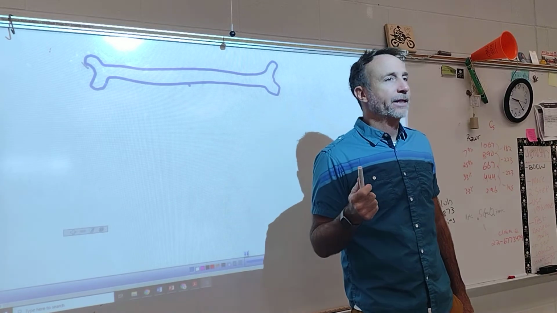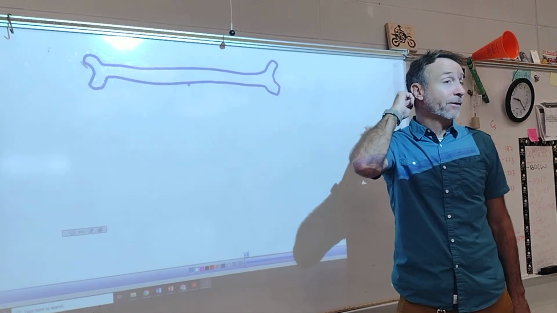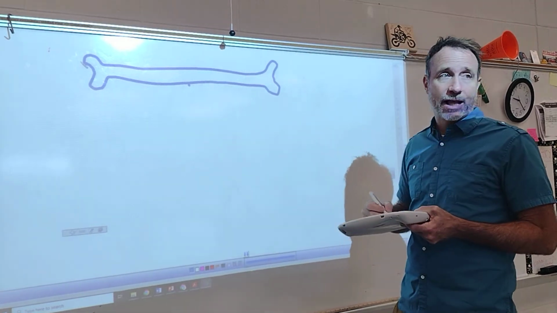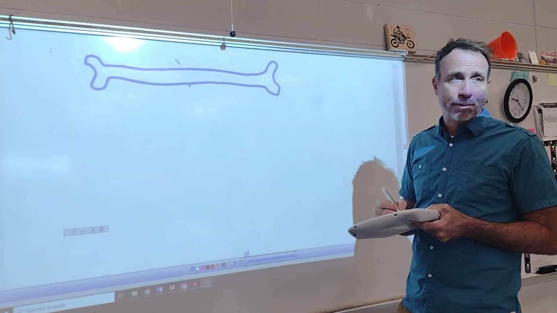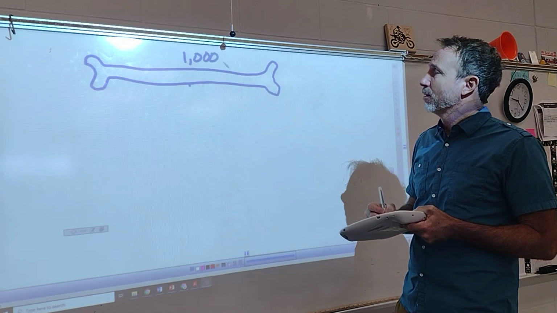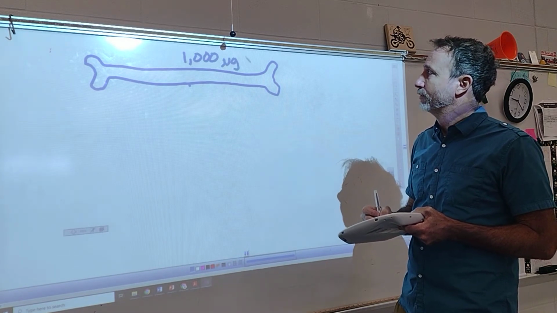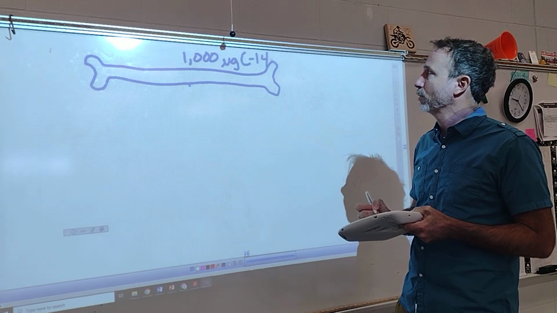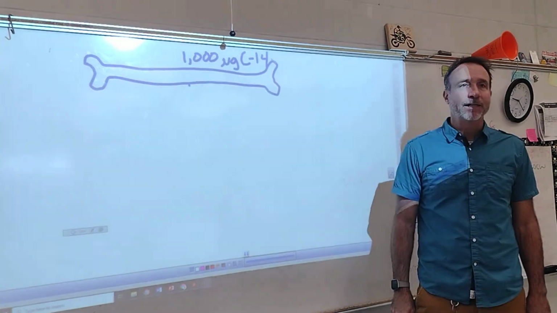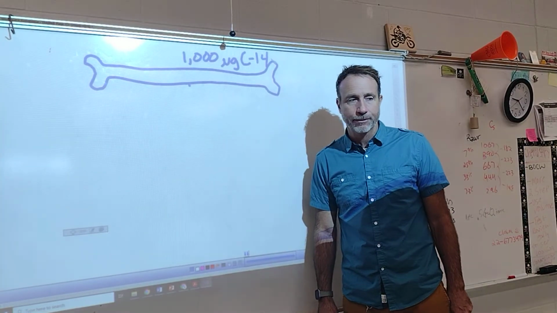Let's pretend, and I'm trying to make up very simple numbers, if Kennewick Man was alive and we found his femur bone and we weighed it, that it should have 1,000 micrograms of carbon-14 in it. I'm totally making up these numbers. I'm making up simple numbers for us to use.